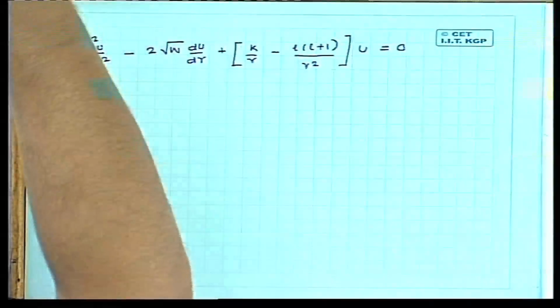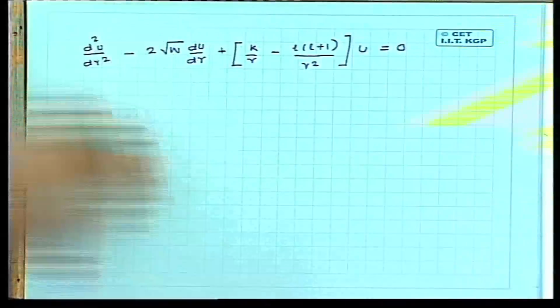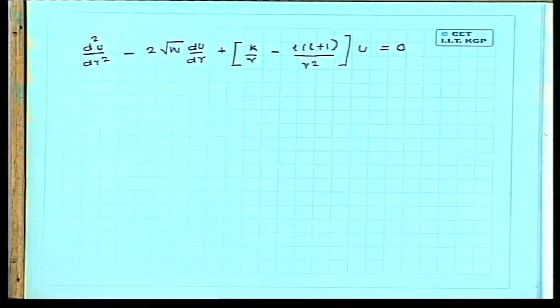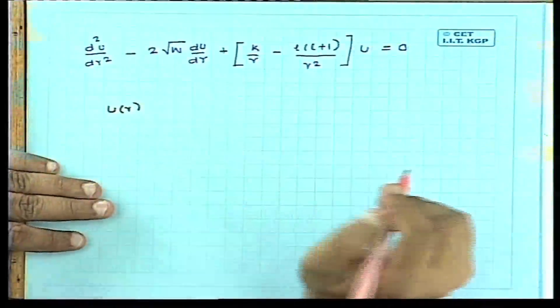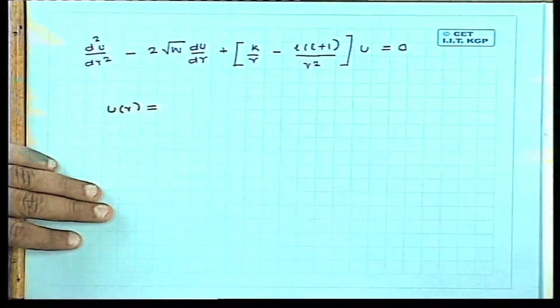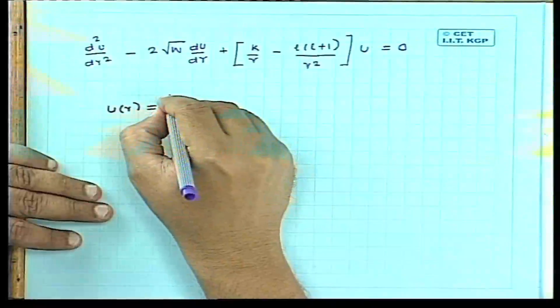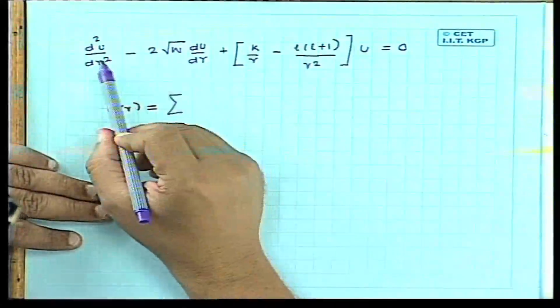Now how do we go about solving this equation? One method is to look at a series solution of this equation. So let us try out a series solution. The series solution means we expand u of r, as we have already done earlier in this course, as a sum of powers of this variable r.